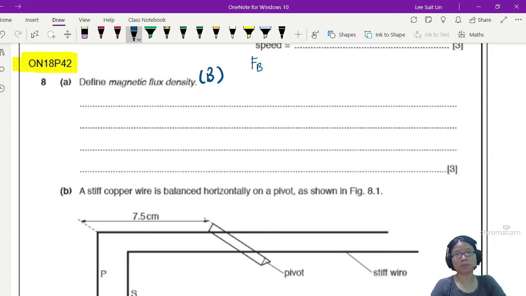So the magnetic force is equal to BIL sine theta. So B will be equal to F over L, so force per unit length, and then you divide by I.